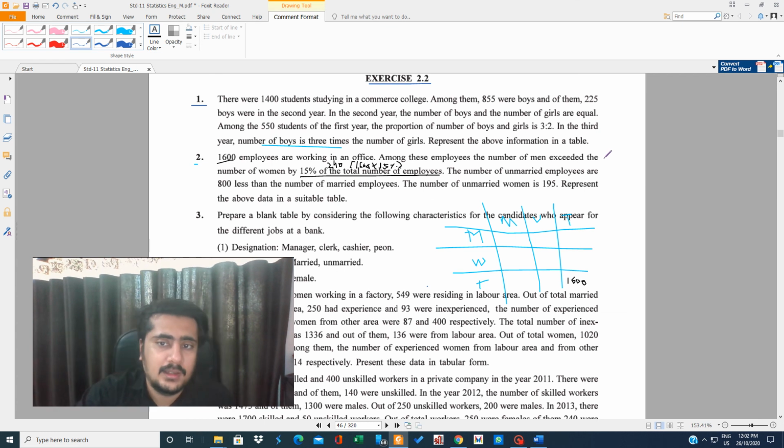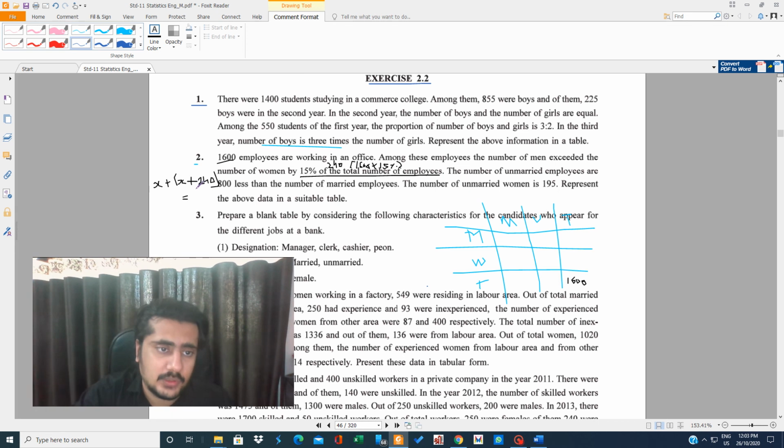Now the number of men exceeded the women by 15%, that is 240. How will I form the equation? Suppose women is X. Men exceeded the women by 240, so if women is X, men is X plus 240.